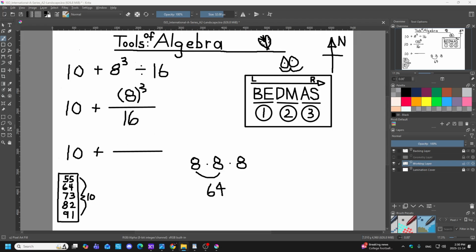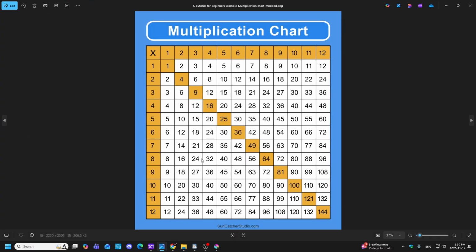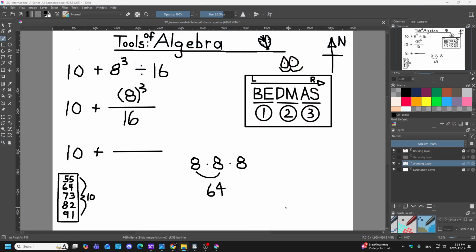Shall we confirm? 8 times 8, 64. Okay, now we got one more 8 still. We're not done. So let's just multiply this by 8. 8 times 4 is 32. Carry the 3.